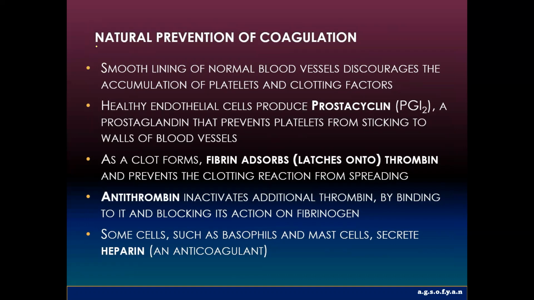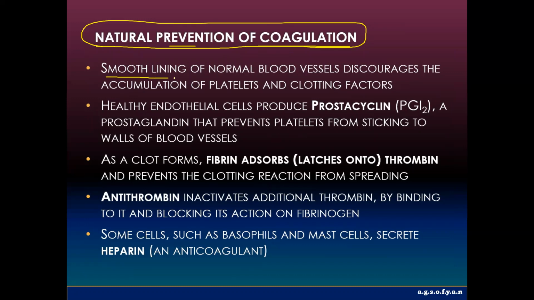Okay, so this is natural prevention of coagulation. We know that our blood is flowing nicely because we have the ability to prevent blood coagulation in our blood vessels. The first one is the smooth lining of normal blood vessels.